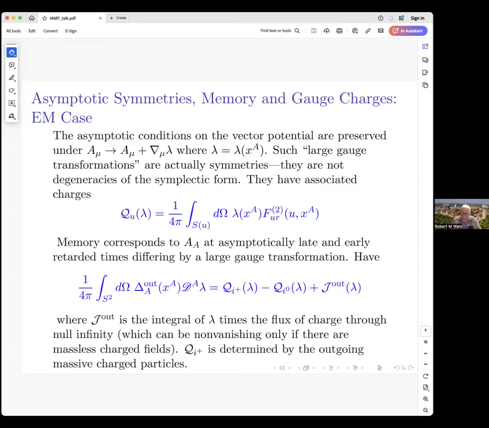But to your direct question, does one get further insight into why that works from using the ideas from memory and large gauge charges? Off the top of my head, I don't see how that gives some new insight into this, though I haven't really thought about it.